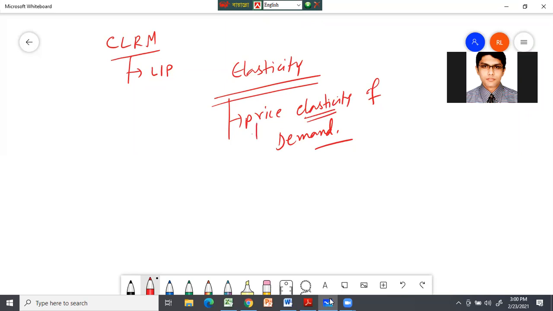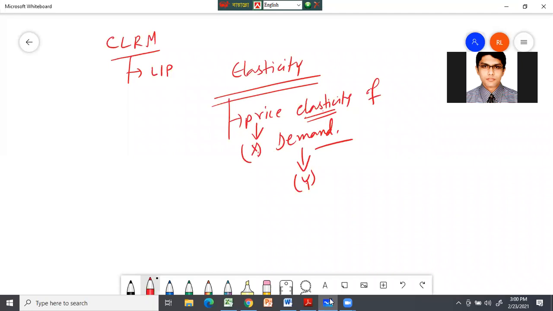So both your price variable, which is denoted by X, as well as your demand variable, which is denoted by Y, are showing the percentage change, not the absolute change. And elasticity measures the percentage change in the demand to the percentage change of the price.